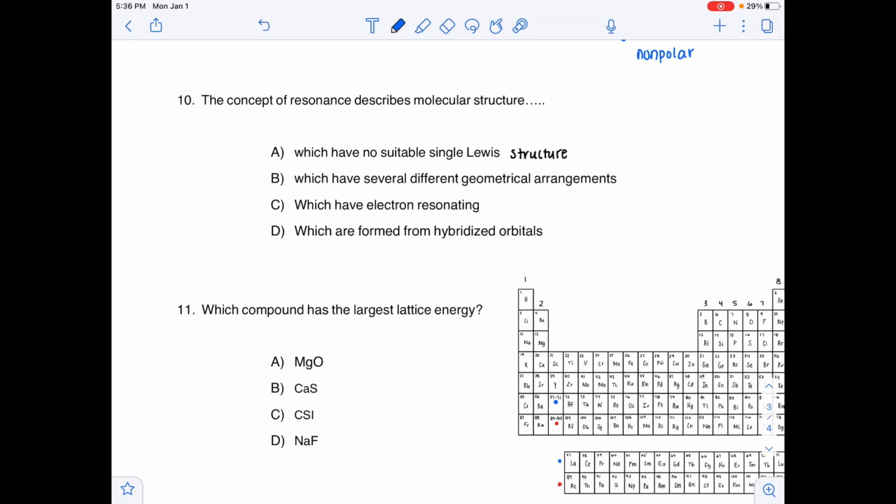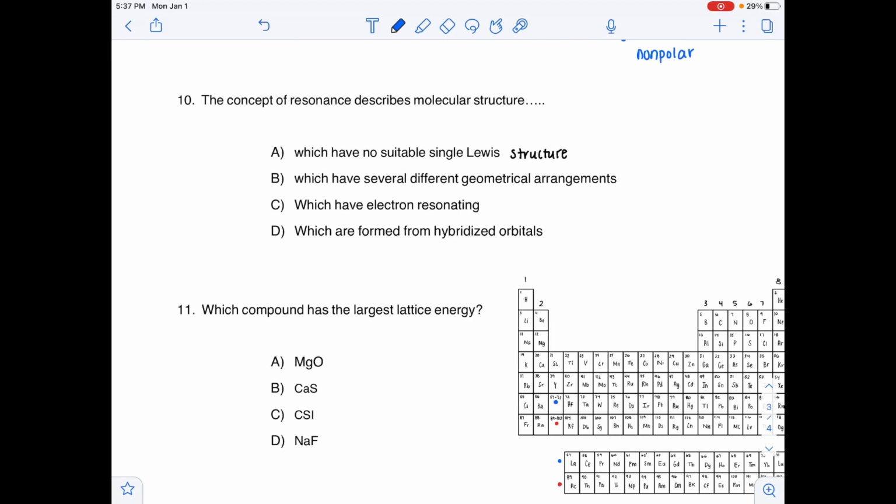For 10, it says the concept of resonance describes molecular structure blank. So when we look at these answer choices, we see option A, which has no suitable single Lewis structure. That sounds pretty good because resonance shows multiple Lewis structures for a formula.